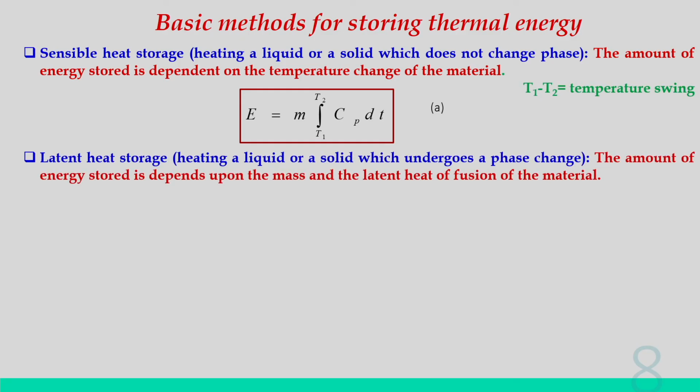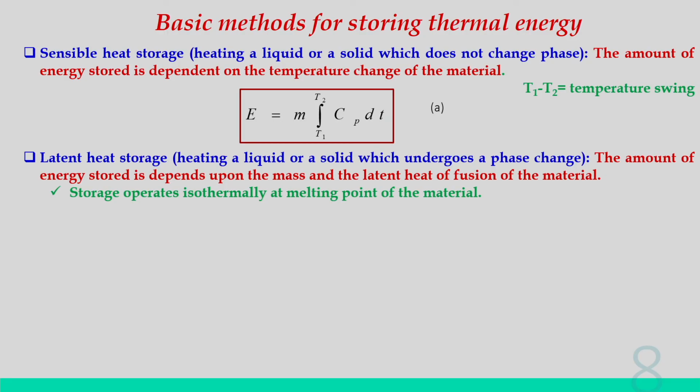Okay. And the next situation is latent heat storage, right. So, heating a liquid or a solid which undergoes a phase change. The amount of energy stored depends upon the mass and the latent heat of fusion of the material, right. So, mathematically this can be represented by two situations.